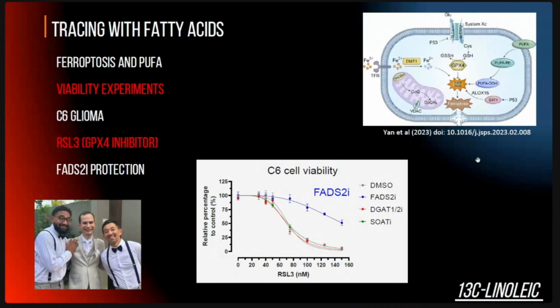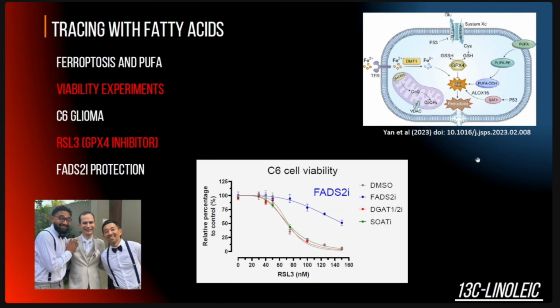Ferroptosis is a kind of regulated cell death caused by accumulation of iron or defects in antioxidant machinery and enzymes like glutathione peroxidase 4, which is responsible for detoxifying some lipid peroxides. But anyway, I'm not going to talk too much about it.